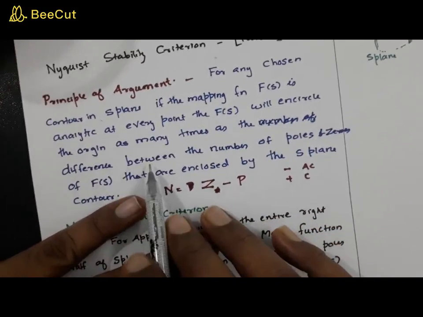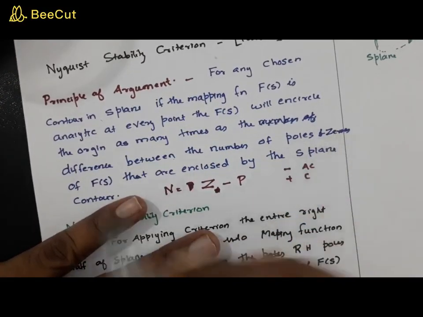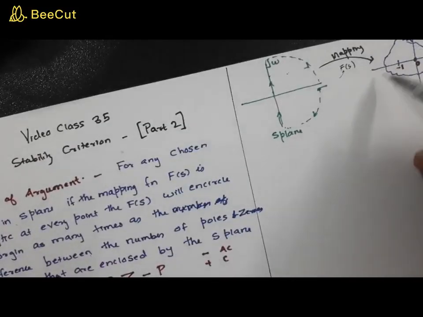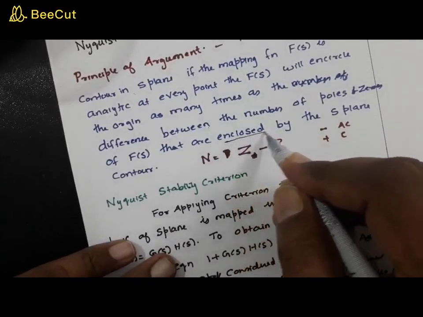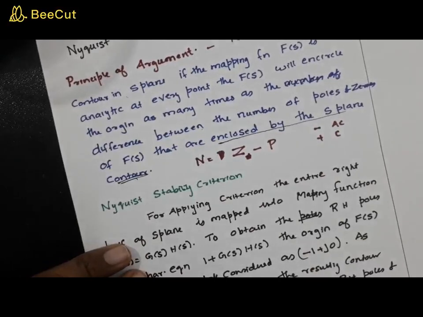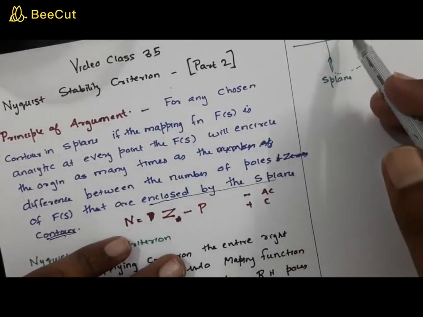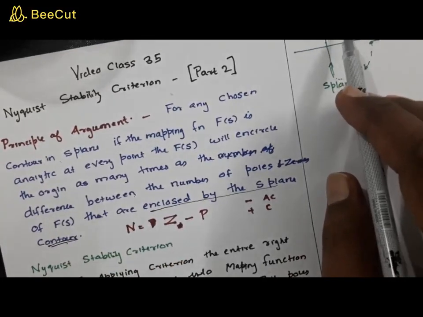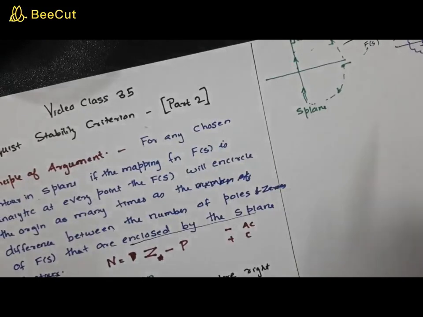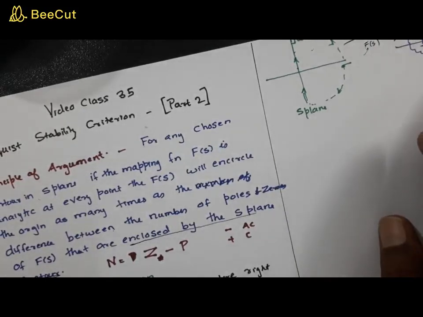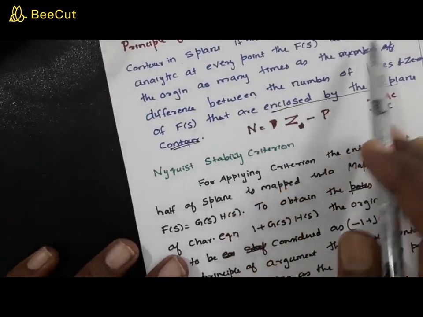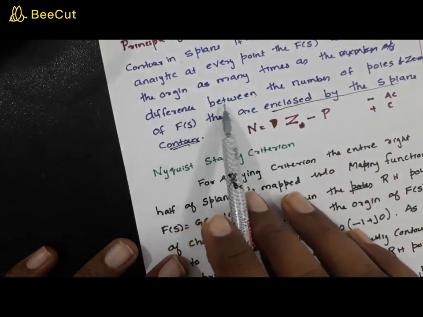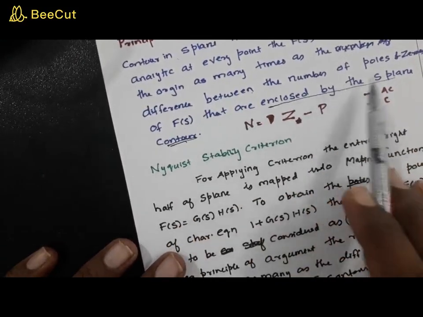Here is the origin for you, and the picture will encircle the origin as many times as the difference between the number of poles and zeros of f of s that are enclosed by the S plane contour. That is very important. We are worried about whether there are any poles and zeros enclosed, so this will give you the number of encirclements.